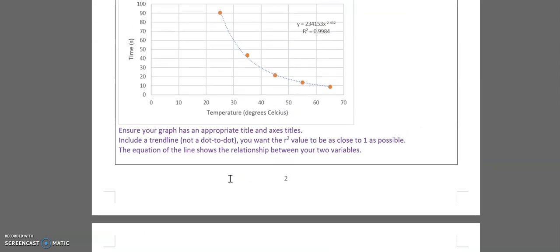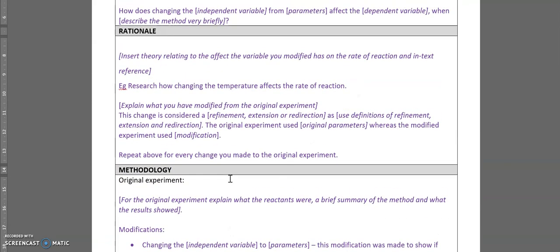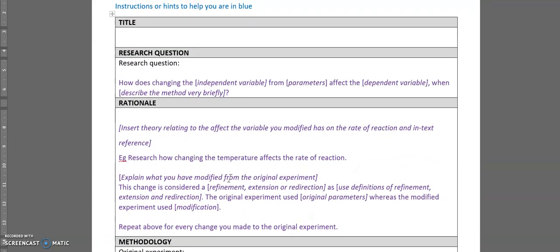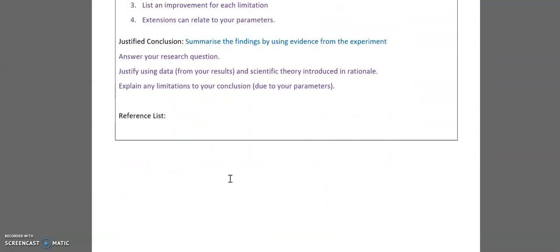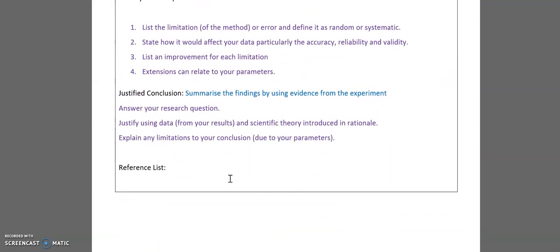So back here, my research question might have been: how does changing the concentration from 0.1 molar hydrochloric acid to 1 molar hydrochloric acid affect the time taken for the X to disappear when sodium thiosulfate and hydrochloric acid are reacted? So if that was my question, down here, I want to answer that.